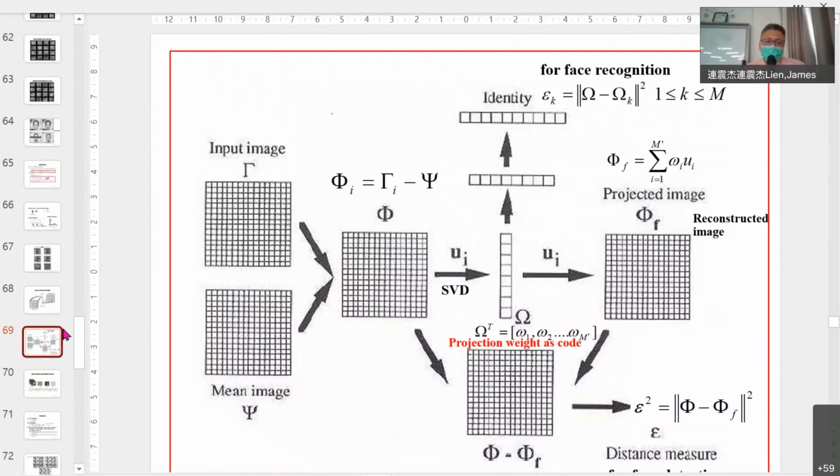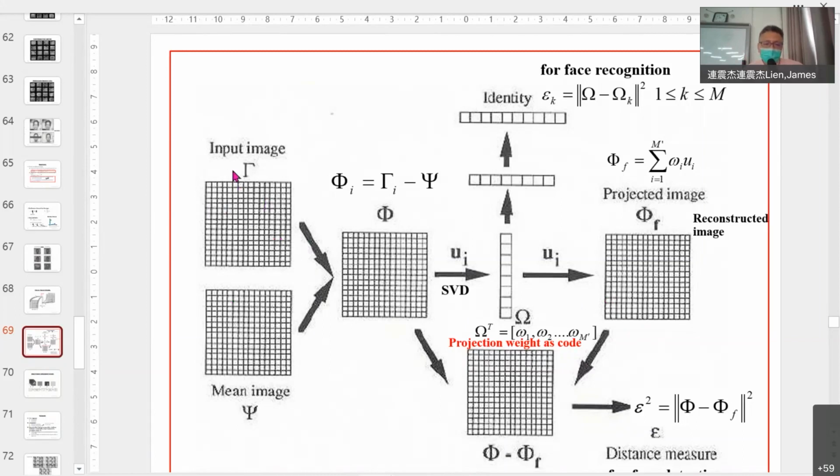The contribution of this paper is that they use a neural network to do the PCA. Original PCA is only mathematics, but this paper uses a neural network to represent the PCA. And right now we use GAN to represent the PCA. It's better.